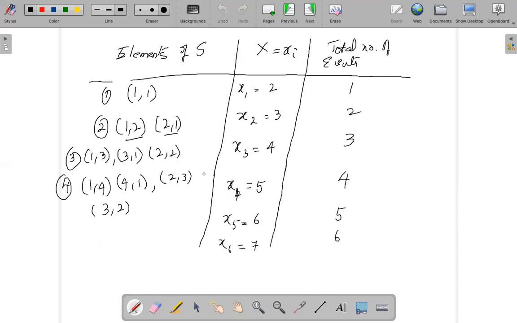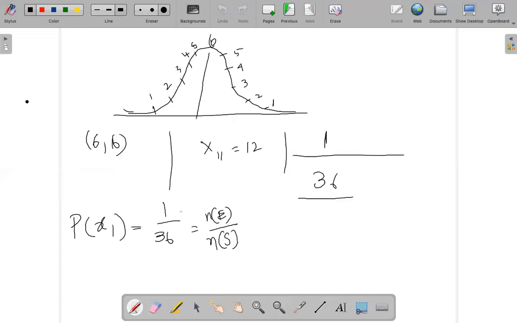So x1 with respect to this, we have only one event. In the next place, that is x2, you have 2, there is 1 comma 2 and 2 comma 1. So P of x2 will be 2 by 36.